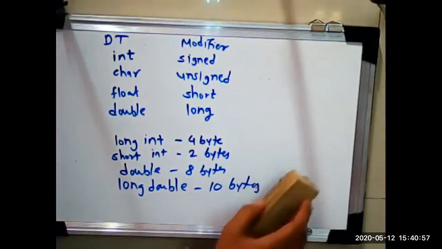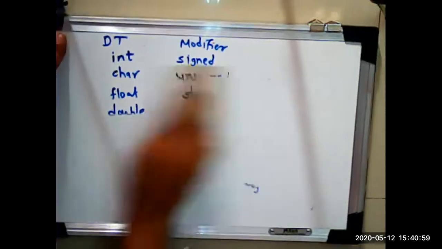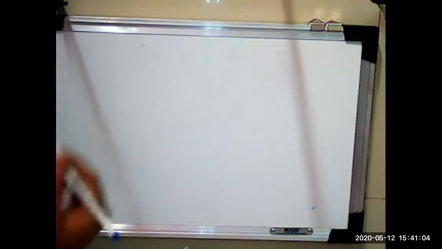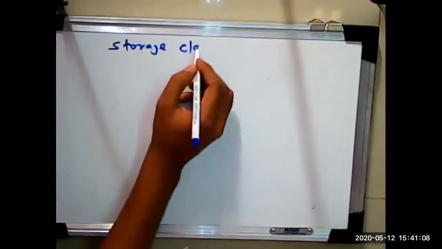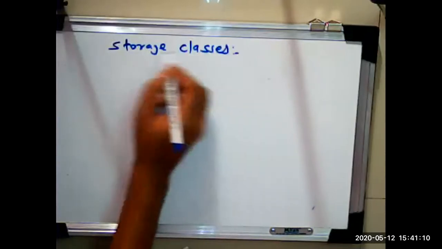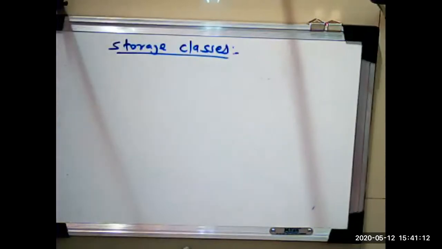Now if you know these data types, one point that you must know is storage classes. What is a storage class? The storage class defines where your variable gets stored.